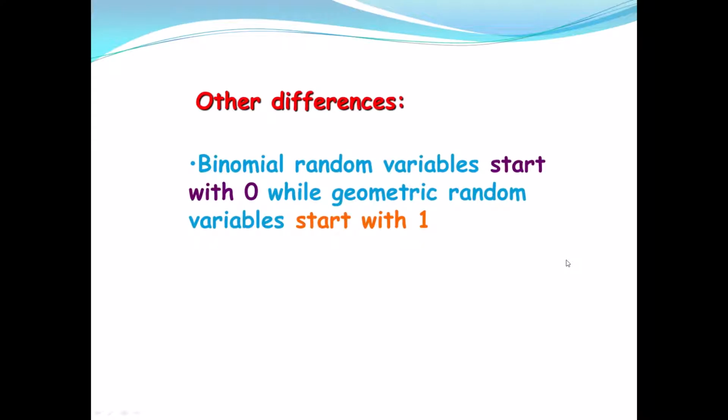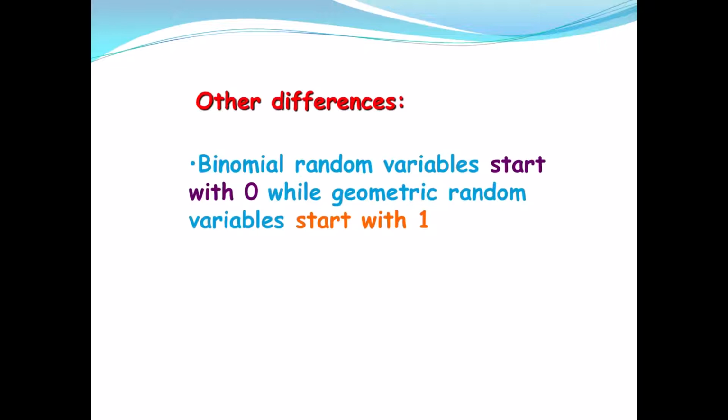Another difference is that binomial random variables start with 0, because if I want to know the probability of, let's say, at most 3 girls out of 5 births, well, that would be 0 or 1 or 2 or 3. Right? You have to have the possibility that there would be no girls. But a geometric random variable has to start with 1, because if the first girl is observed by the whatever birth, well, there's got to be a birth, right?